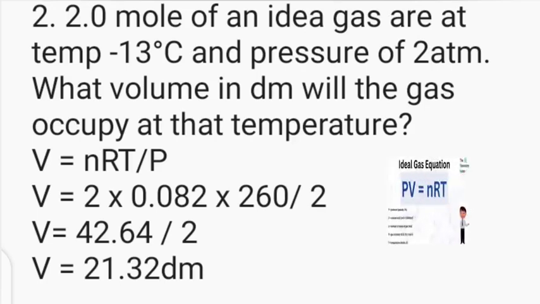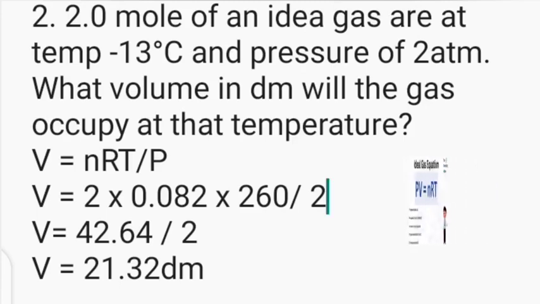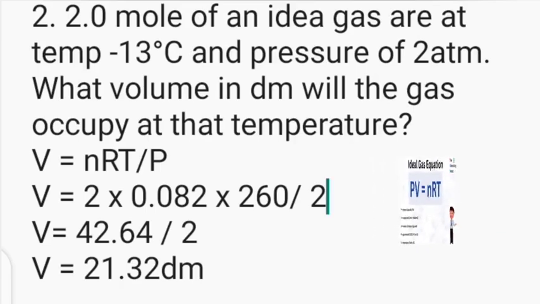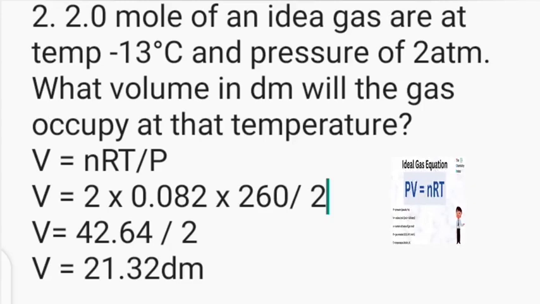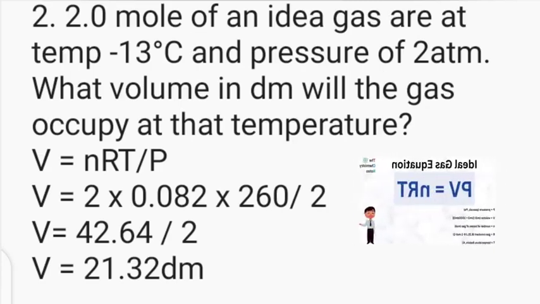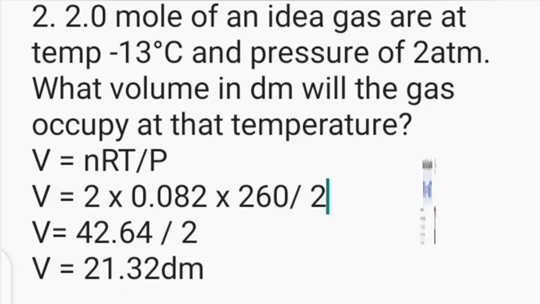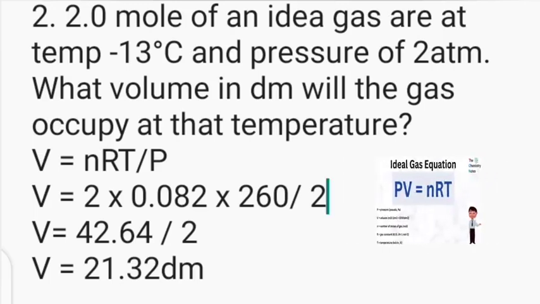So most of the time, the question stays within this range. To know if you are going to apply this formula, ideal gas will be mentioned, and sometimes they'll give you STP. STP is standard temperature of 0 degrees, which is plus 273, and standard pressure of 1 atm, which is 760 mmHg, as in Boyle's law and Charles' law.